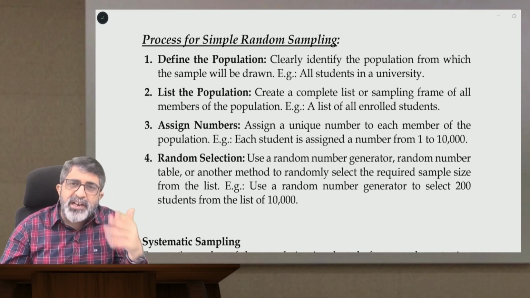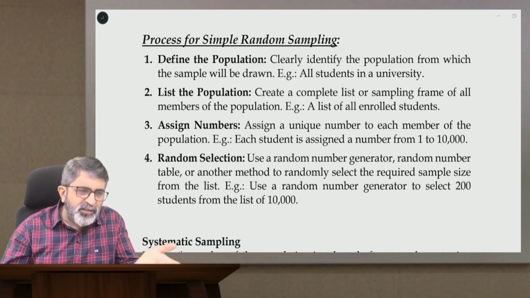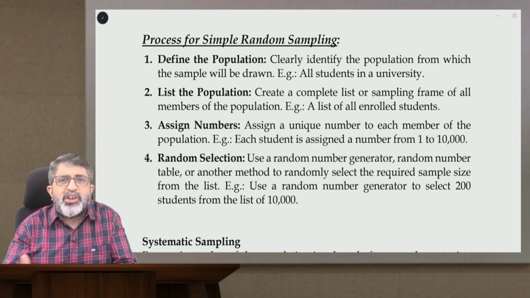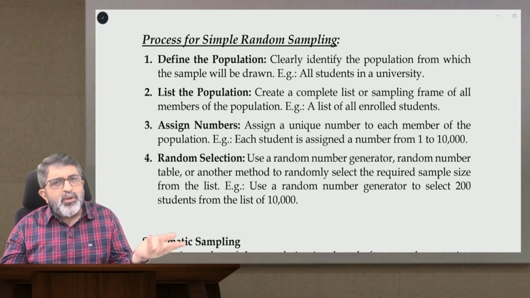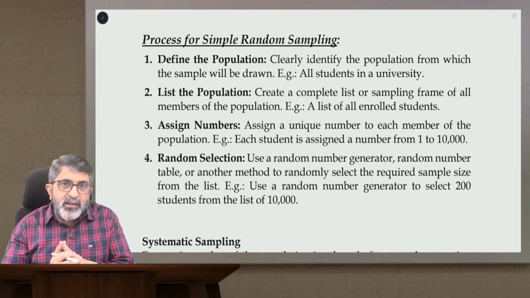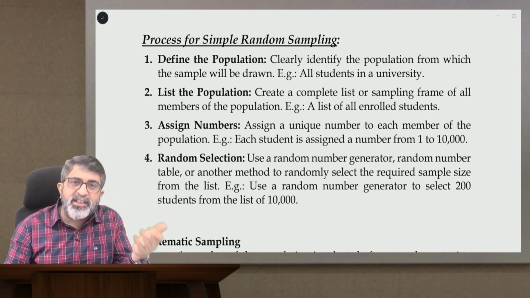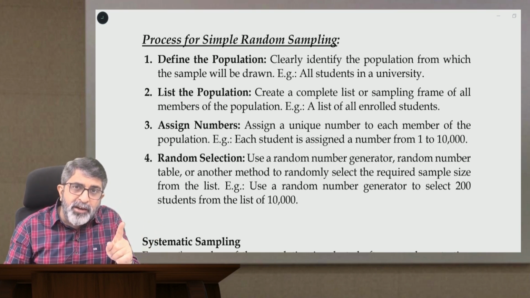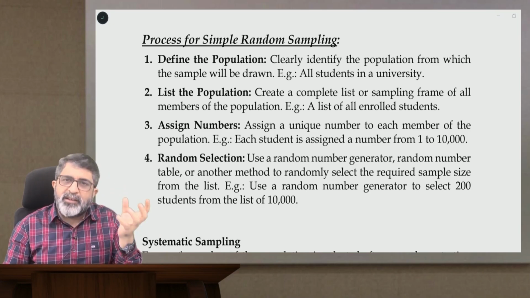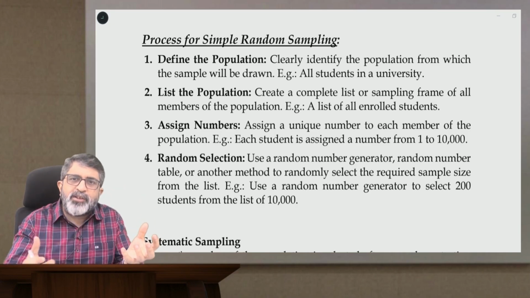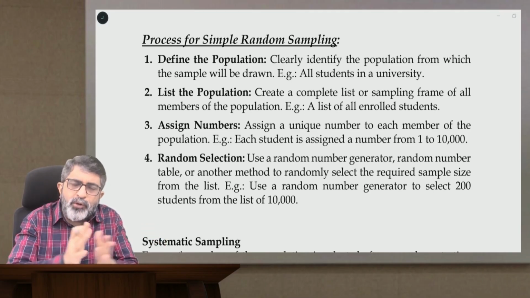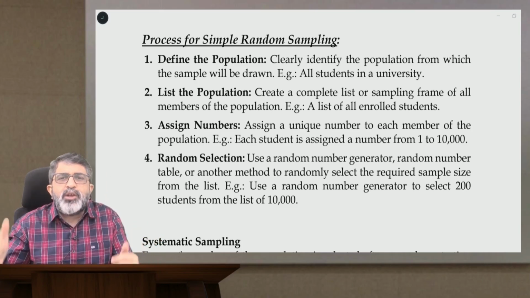Random numbers are generally generated out of a computer system. You can just ask a computer system to generate a series of random numbers for you and it will do that. The numbers are truly random, that means the chance of occurrence of each number in that sequence is independent and equally probable. That is why you let the computer system or any random number generator generate random numbers and accordingly you make the selection.